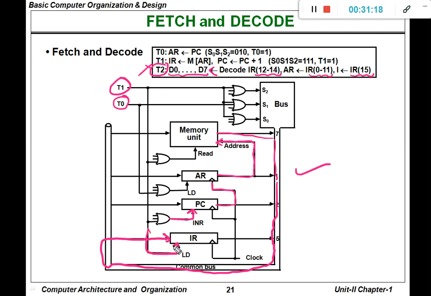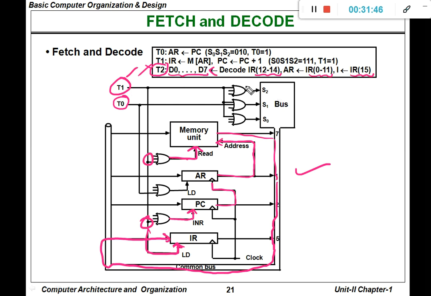Fetching is nothing but a read operation. So perform the read operation as well as load the instruction from the memory bus to the instruction register. Two different operations are performed at time T1. Only these two operations are shown in this particular circuit diagram.